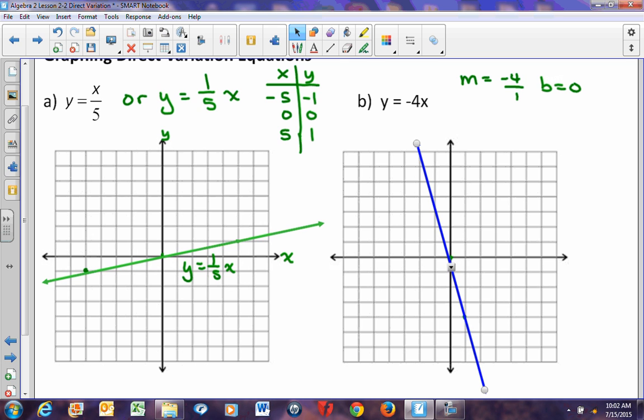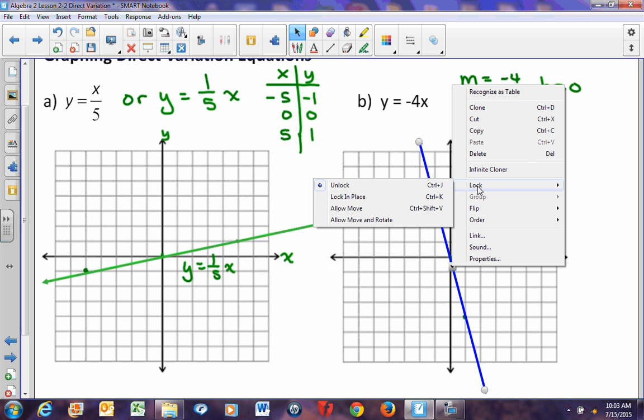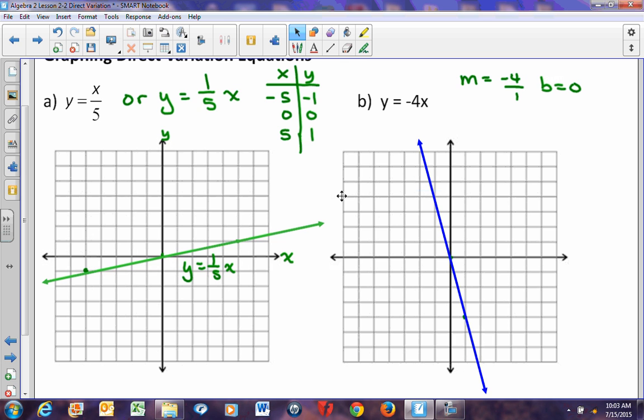You would use a ruler. I can't use a ruler on the smartboard, but I can count really close to putting it where it needs to be. And there's my line, and of course I should label it y equals negative 4x. Remember, a graph of a direct variation must go through the origin. And that's all there is to direct variation.